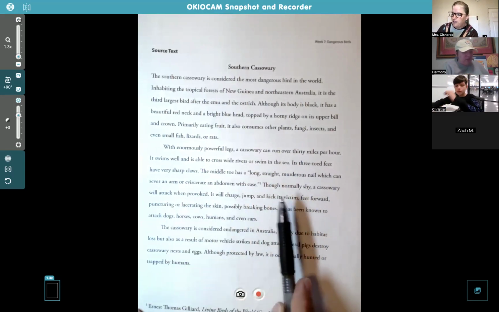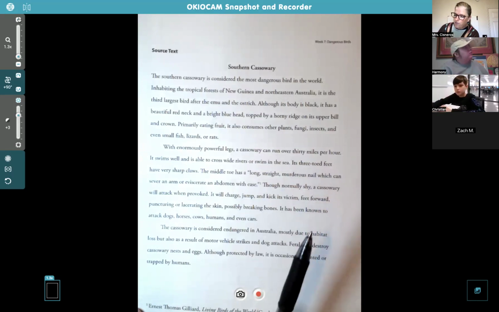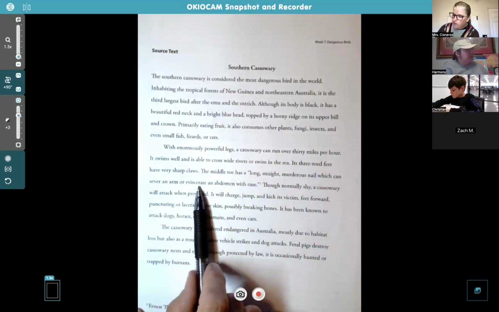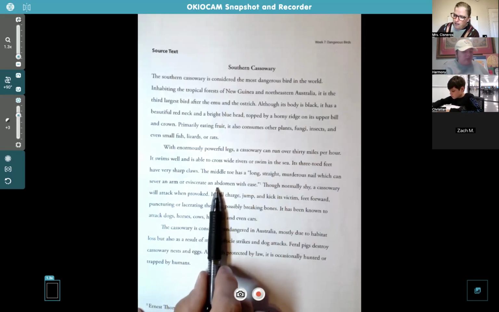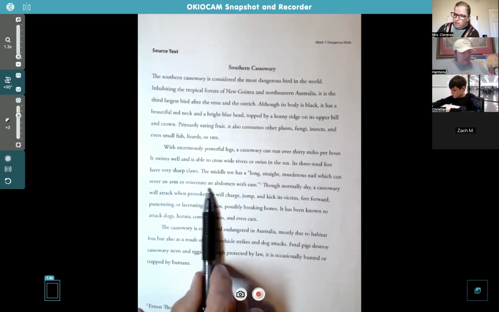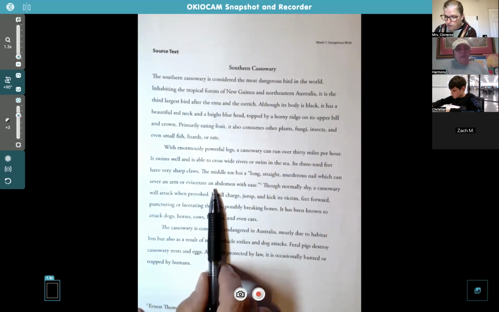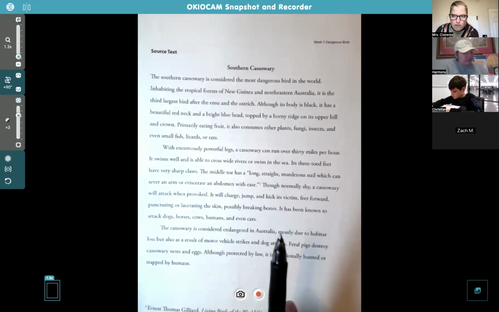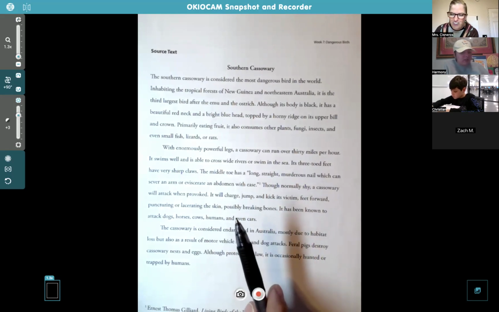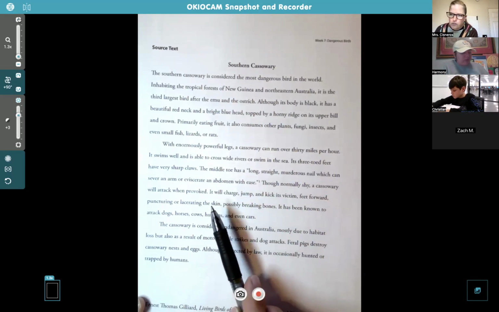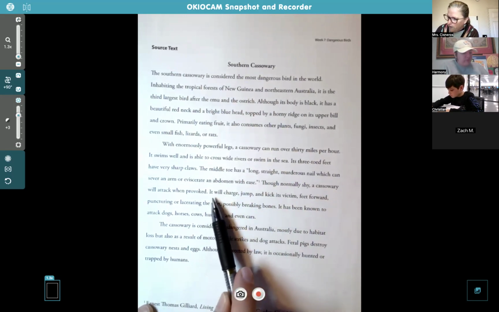So these birds, the southern cassowary, have very sharp claws. And then eviscerate means basically to cut open an abdomen, which is like your gut, your belly. So you thought the African ostrich was scary. These guys. But good news for us, they're not in America. But if you ever go visit New Guinea or Australia, okay, I'll show you a picture of them in a minute so you'll know to stay away.